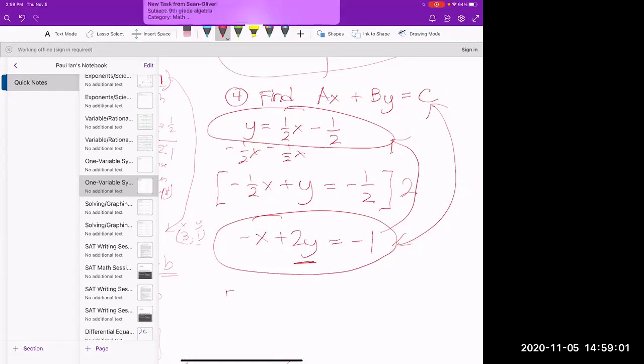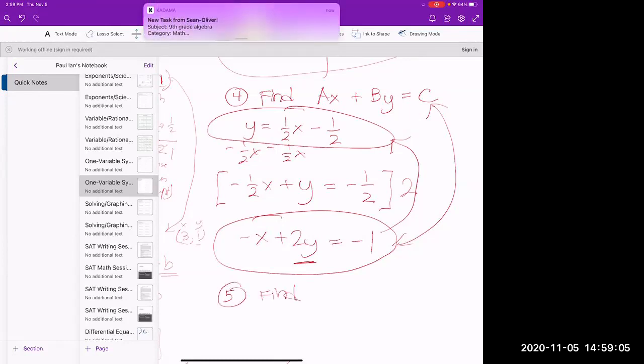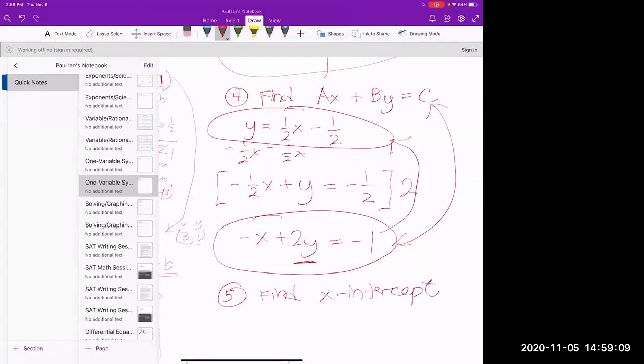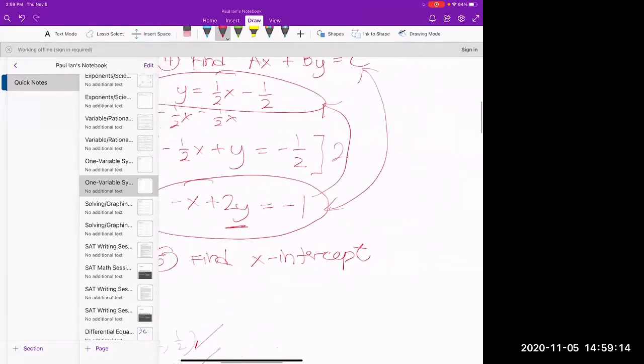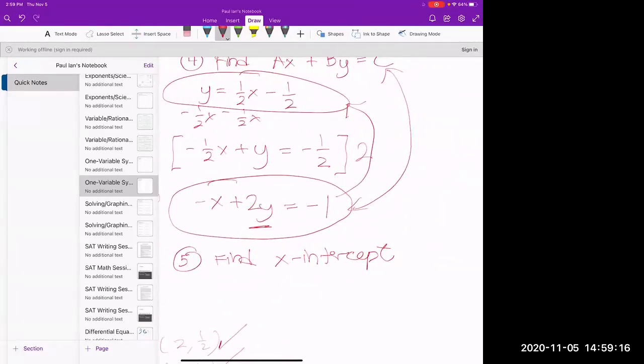Okay. Now the fifth question. Find the x-intercept. And how did we find the x-intercept? That means that y equals 0, right? Yeah. And then solve for x. So let's do that using the standard form.